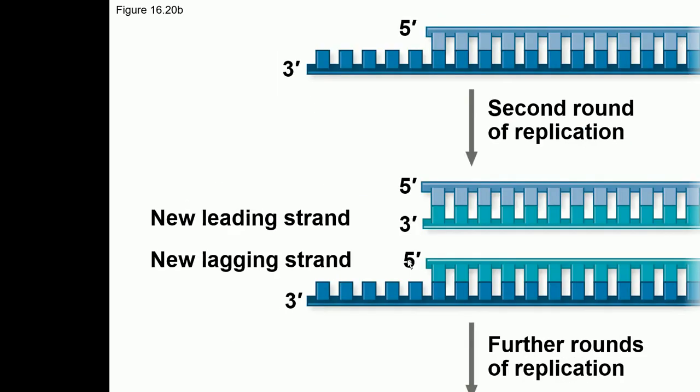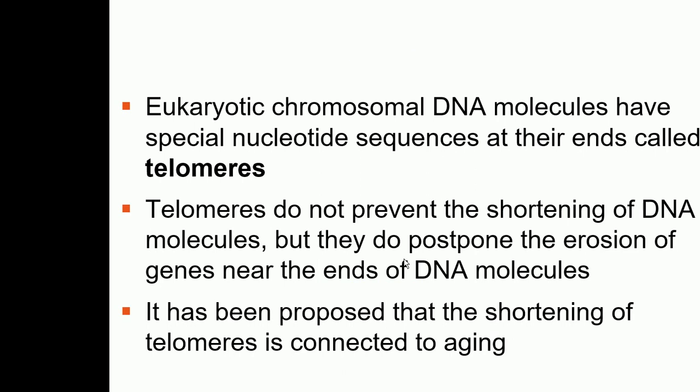The reason is, if you have heard about telomeres. What are telomeres? Telomeres are basically a short stretch of some random DNA sequence. At the end of our chromosomes, we have some random non-specific DNA sequence which does not code for any gene.